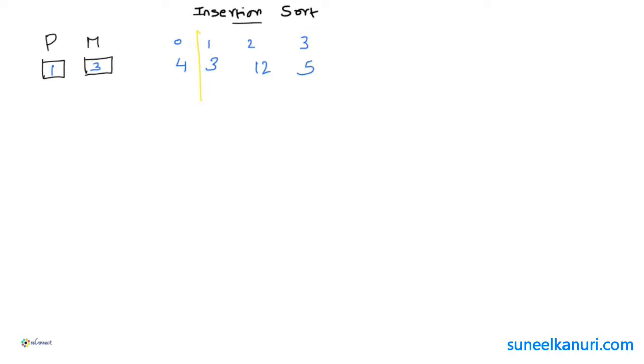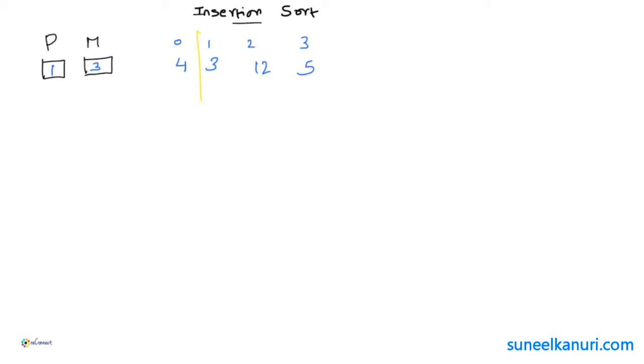So in front of you there is a data set of 4 elements, marked by positions from 0 to 3. We draw a yellow line separating position 0 and 1. So initially only element 0 is the sorted part, and elements 1, 2 and 3 are the unsorted part.